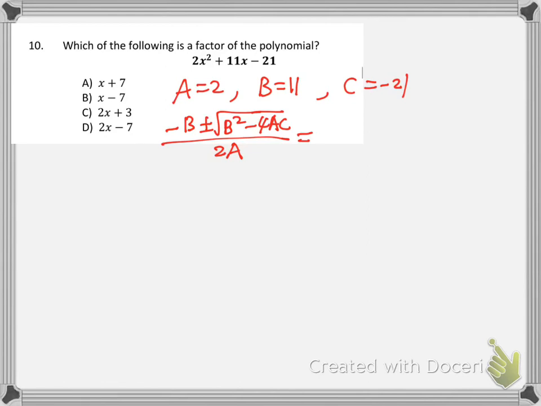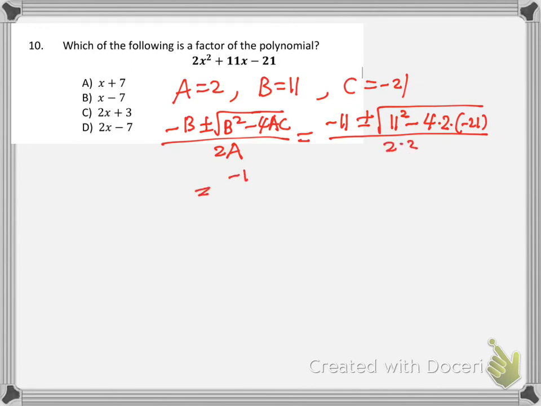So negative b is negative 11 plus minus the square root of 11 squared minus 4 times 2 times negative 21, divided by 2 times 2. So this is negative 11 plus minus the square root of 289, divided by 4, which is negative 11 plus minus 17 divided by 4.